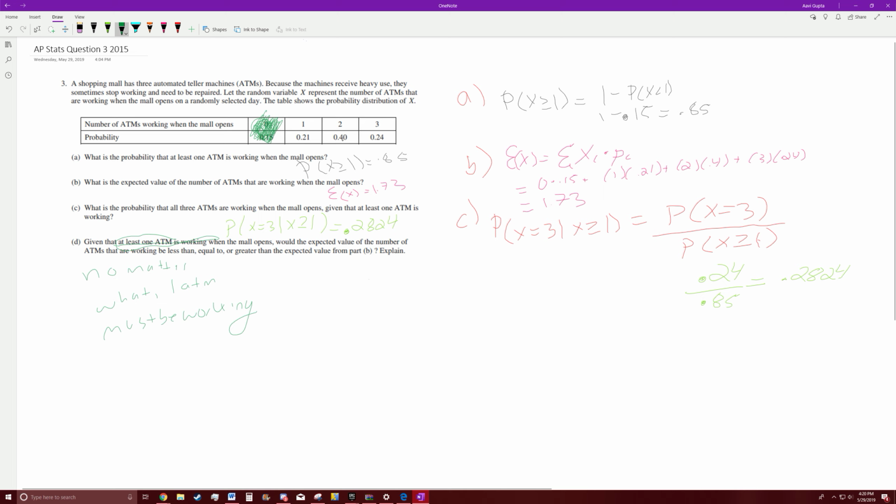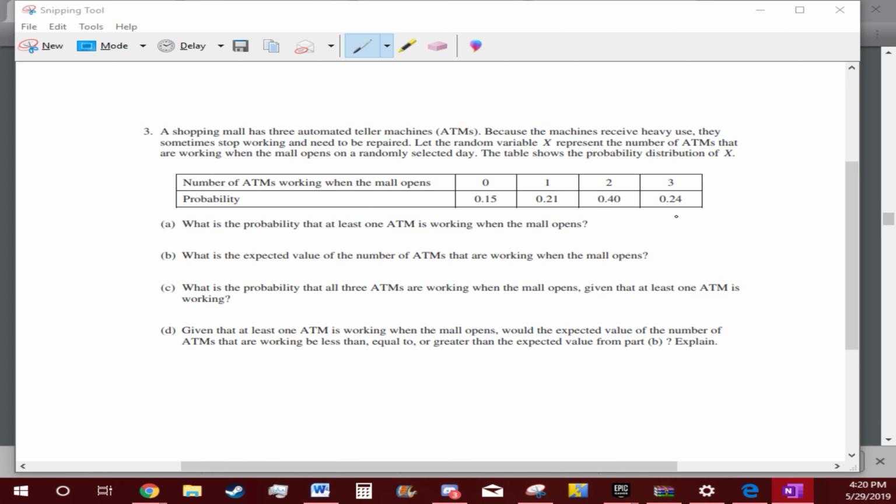So I've checked it, all these values sum to 1. That means that if the chance that 0 ATMs are working when the mall opens is eliminated, all of these values will go up. So when you go ahead and do your weighted sum, you're going to get a larger number. Of course, you don't know what these probabilities will now be, but they will be greater than they are now.